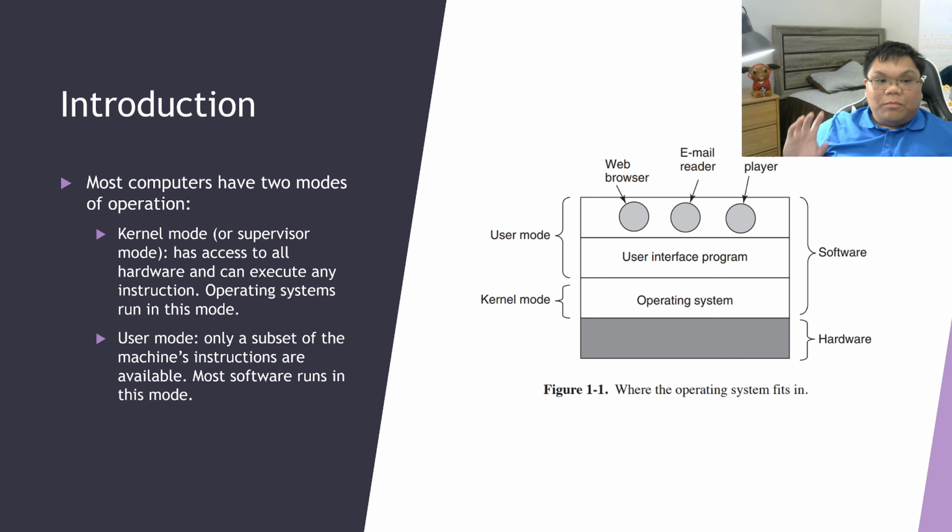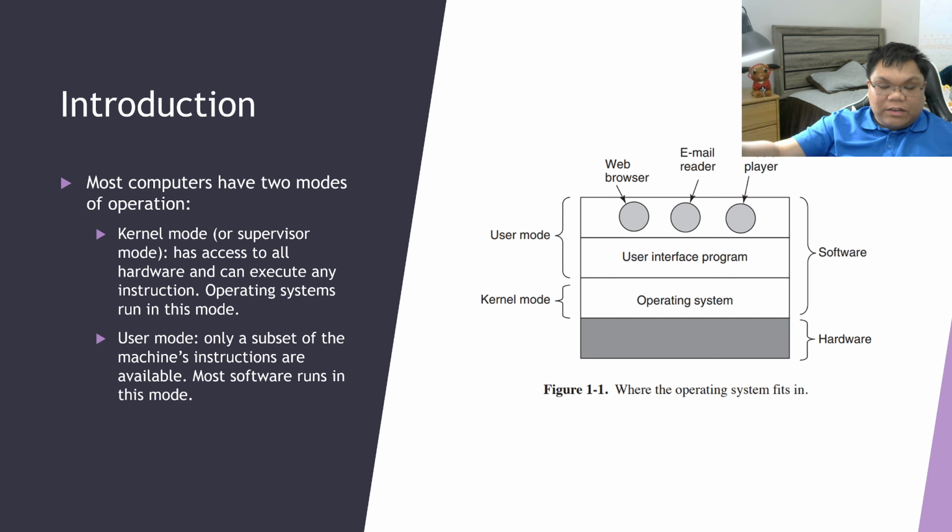Most computers have two modes of operation. One of them is called kernel mode, and that is what the operating system runs in. And there's another one called user mode. Kernel mode is the mode that has access to all hardware and can execute any instruction. Operating systems usually run in this mode.